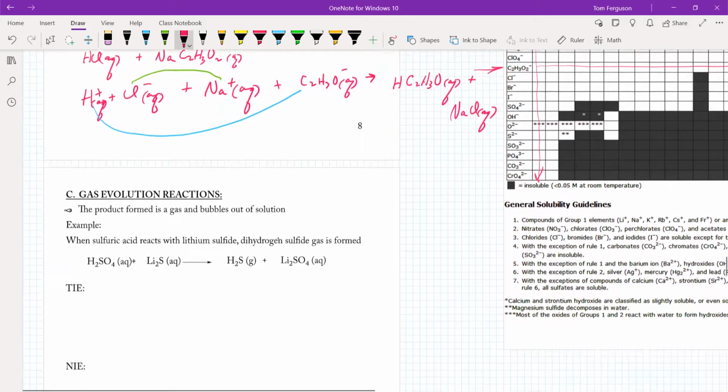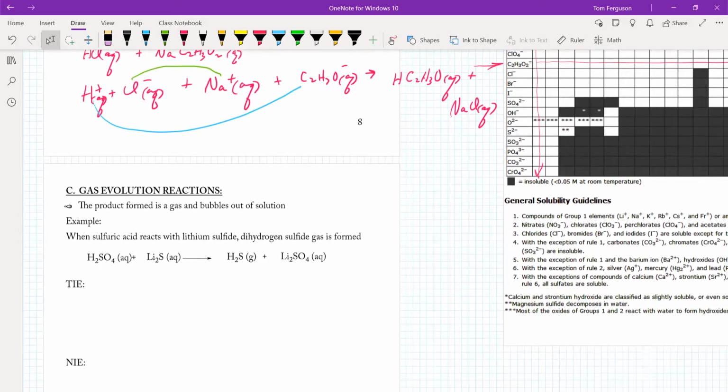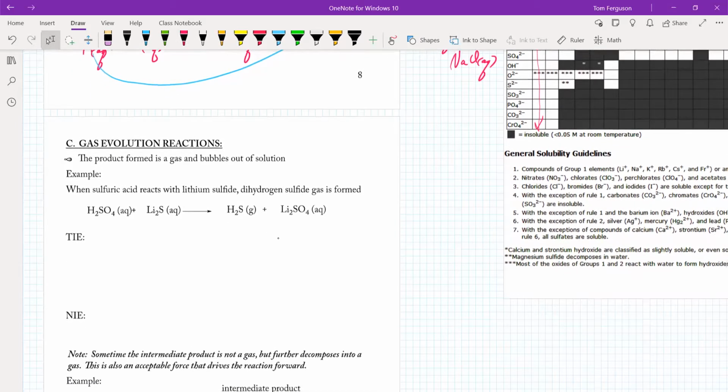And the last one is on production of a gas. Okay. So we have H2SO4, which is aqueous. That means we have aqueous lithium sulfide.